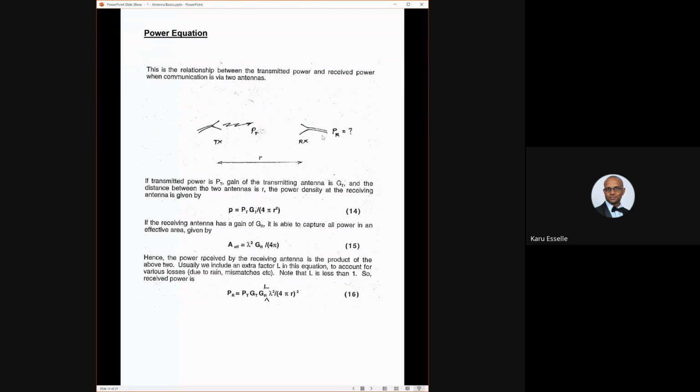So the transmitted power becomes PT times GT, where GT is the gain of the transmitting antenna. So the power density here becomes PT GT divided by 4 pi R squared. So that is the power density. But we need the received power, in watts, accepted by the receiving antenna.